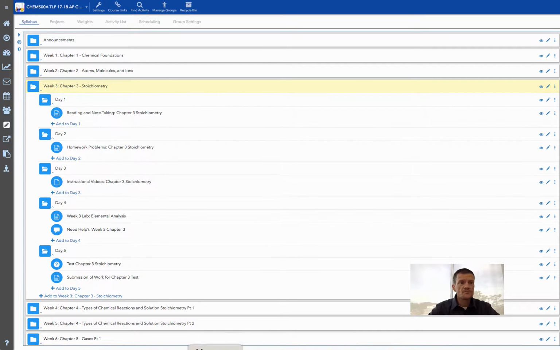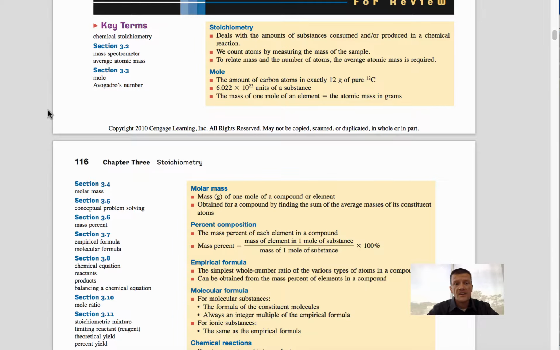In week 3, we are looking at the crucial topic of stoichiometry, and this is a topic that you are going to want to make sure that you are paying attention to because it is used not just in week 3 but throughout the rest of the course.